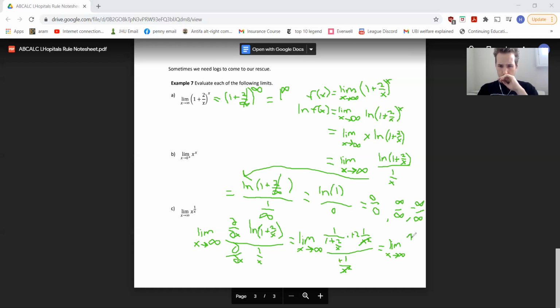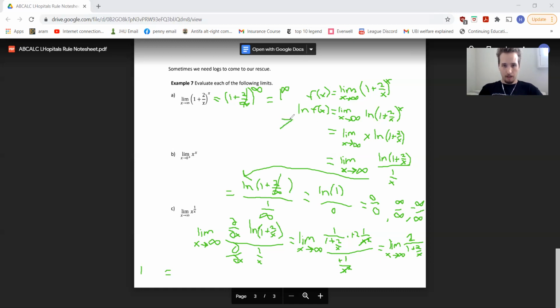Oops, the 2's still there, 1 plus, so 2 over 1 plus 2x is what we're left with. Okay, so at this point we can now plug infinity in, and we get, remember, this is still ln.